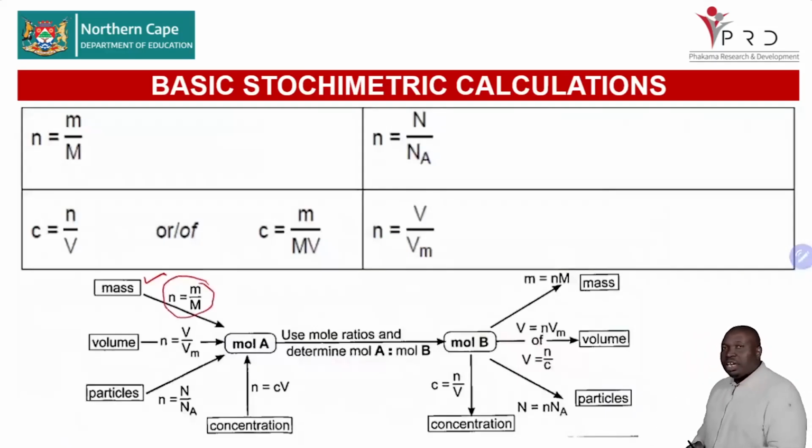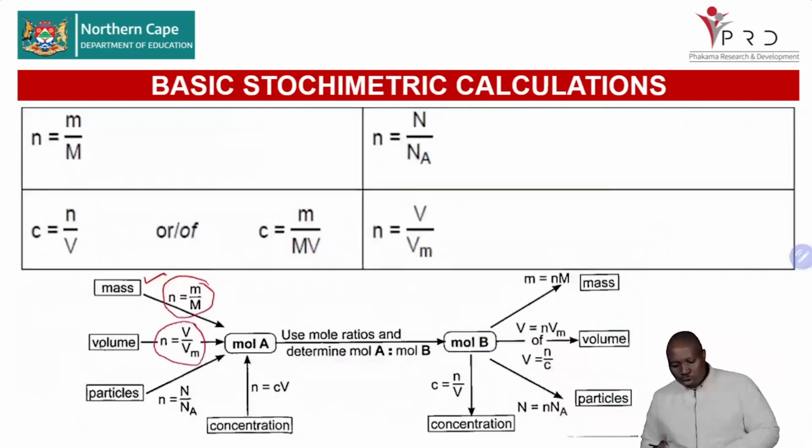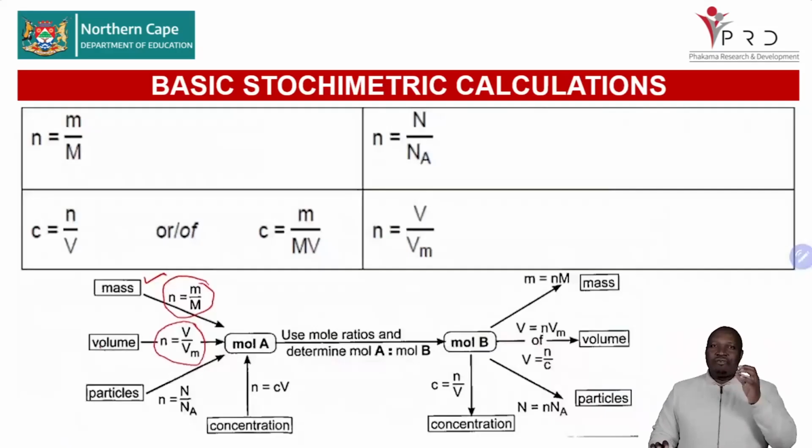If you are given volume under standard conditions, STP, standard temperature and pressure, which is the temperature of 0 degrees Celsius and pressure of 101.3 kilopascals, you must be able to utilize the formula N equals V over Vm.